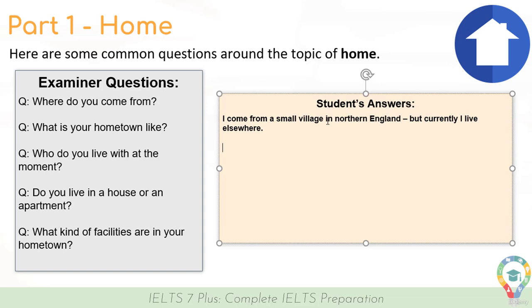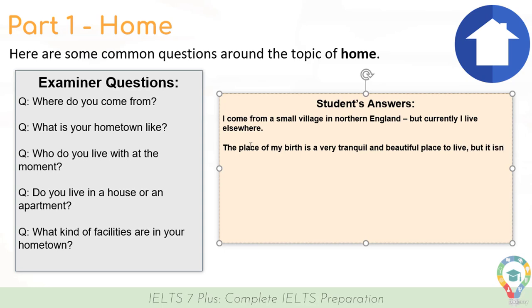So what is your hometown like? Let's see. We need a synonym for hometown. Let's try my birthplace. Oh, the place of my birth is, let's think of some interesting vocabulary, a very tranquil, which means quiet, and beautiful place to live. But more detail again.